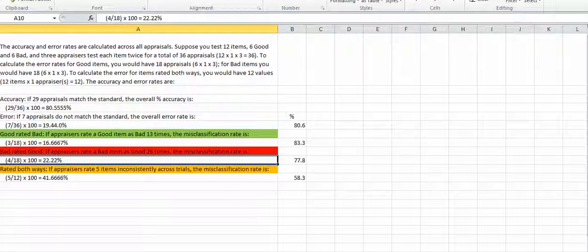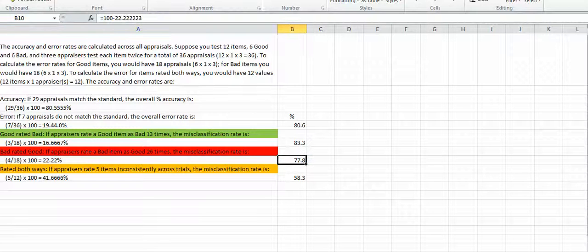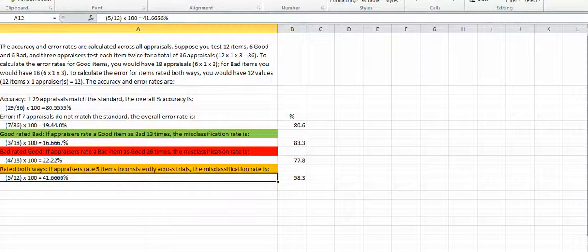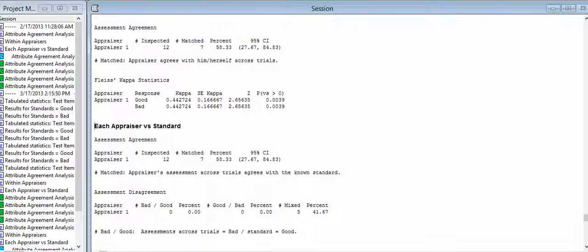So this would be your consumer risk, and percent acceptance based on this criteria, 77.8%. From the total population, we misjudged 5 items out of 12, and the error would be 41.66%, or acceptance 58.3.